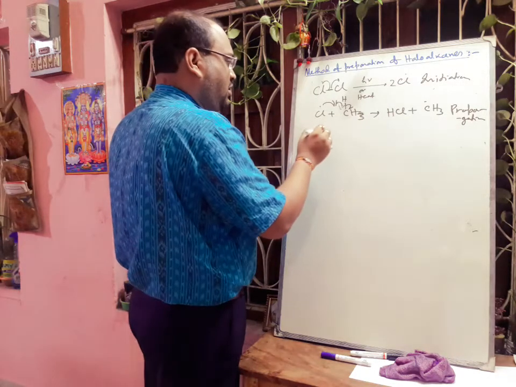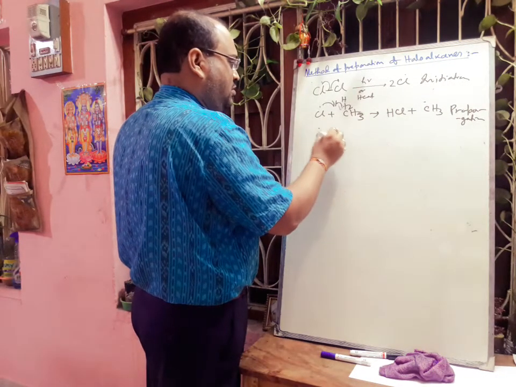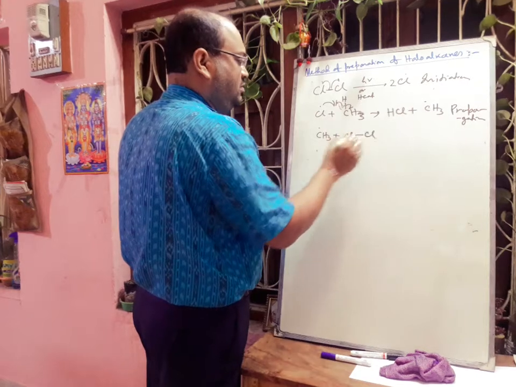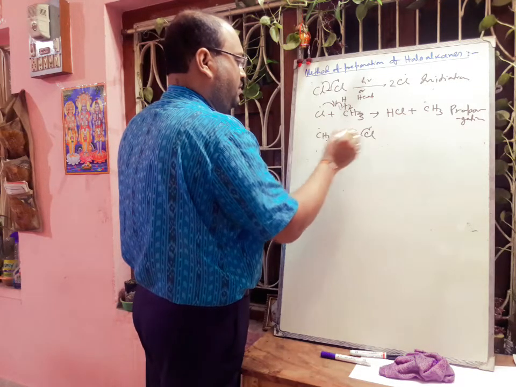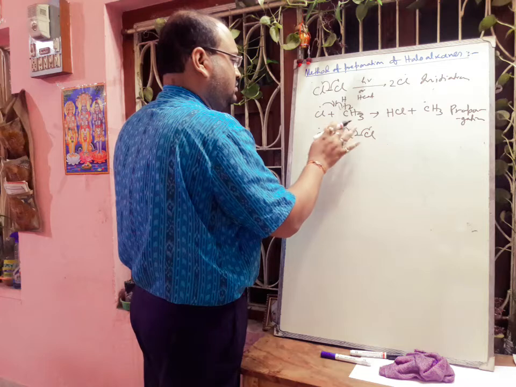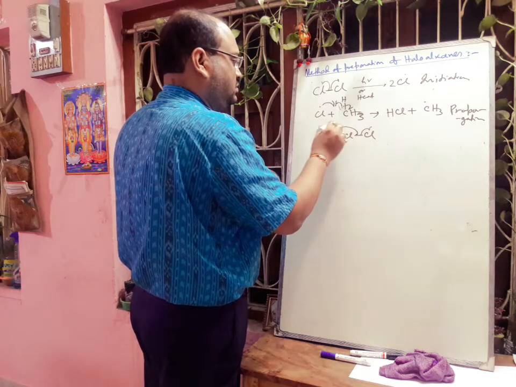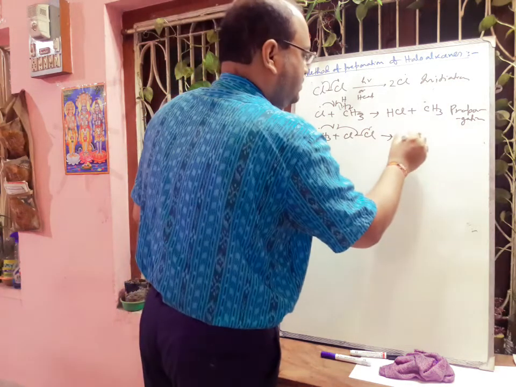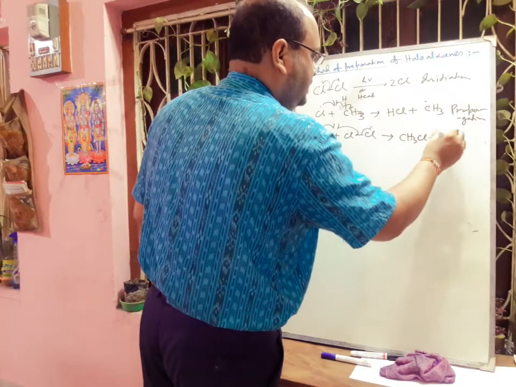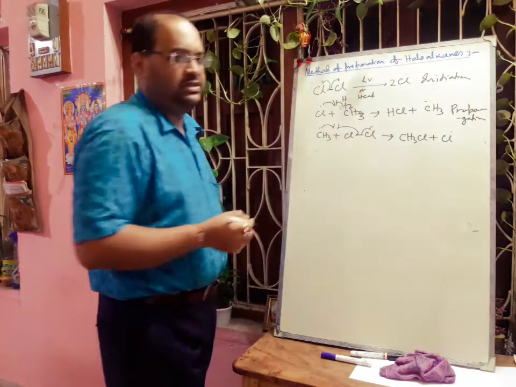Next, this CH3 dot will react with one chlorine molecule, and in this way they will form CH3Cl plus Cl dot. This is also under the propagation step.